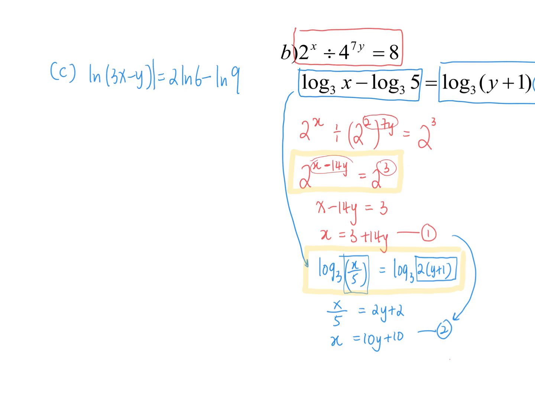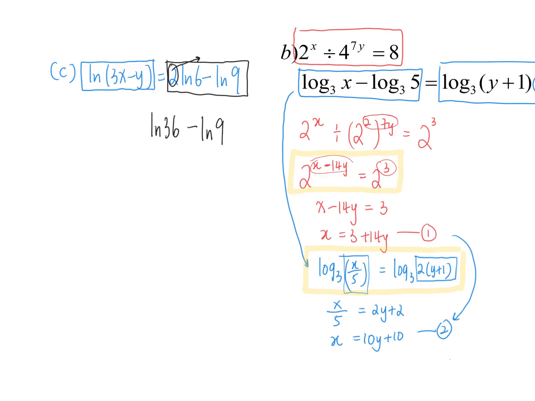What I need to do is combine this into a single ln function. Before I can combine, I cannot have any number before the ln or log expression, so this one must move up. When you move up, it becomes a power, so it's ln 6 squared, so it's ln 36.